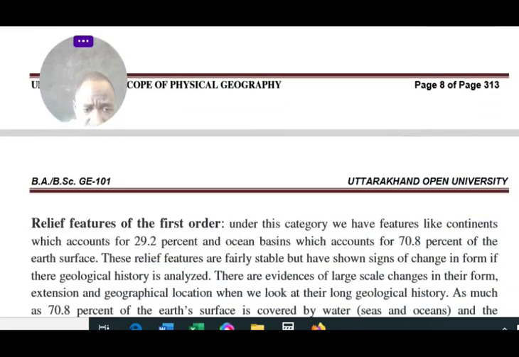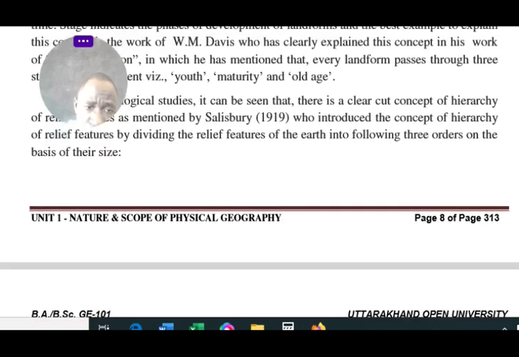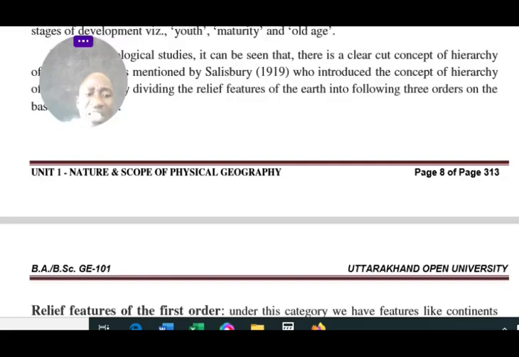We are going now to be looking at what we have termed as the order. We are going to be looking at the order on the basis of the size, depending on the relief features. We are going to be seeing the divisions between the relief features.